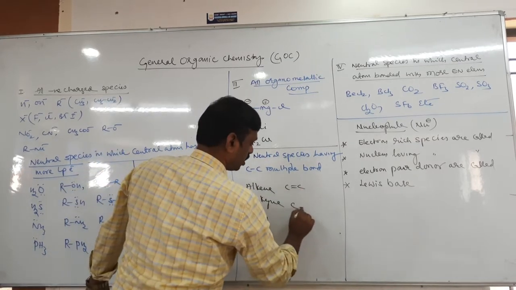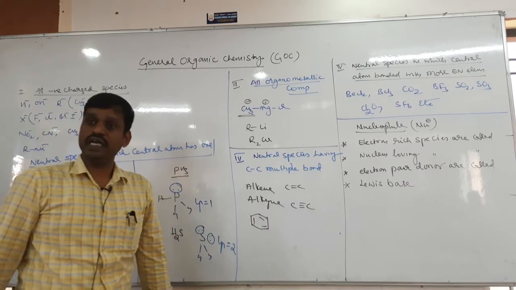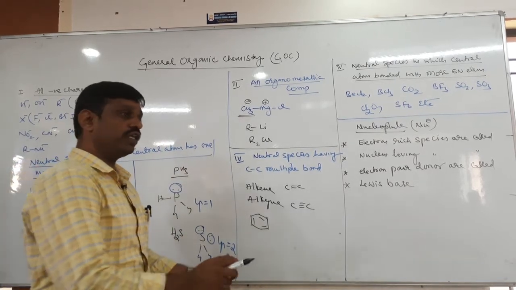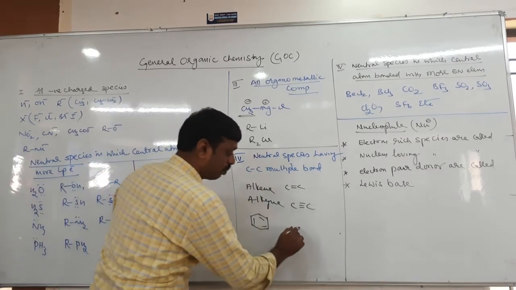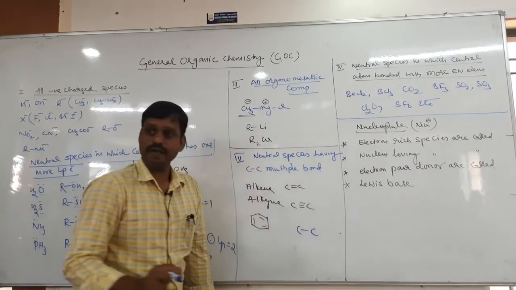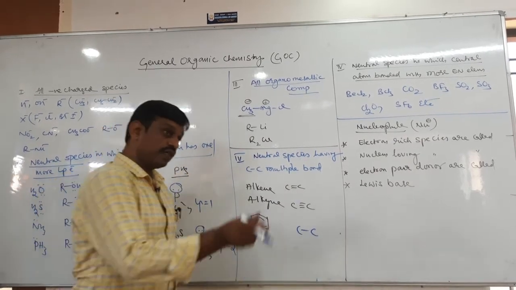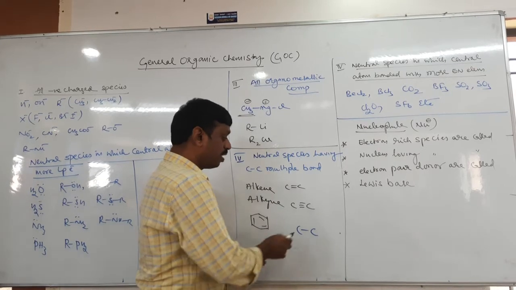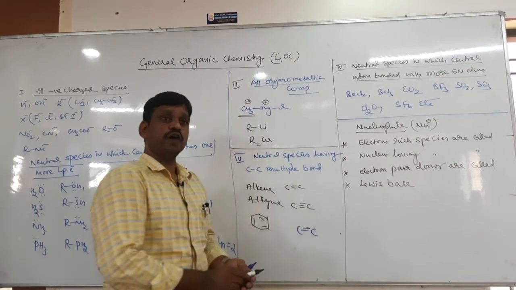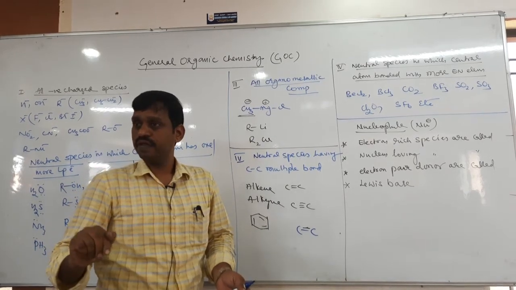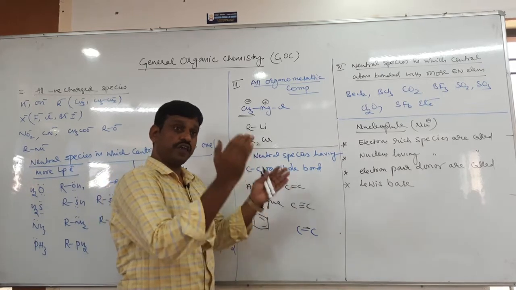Now the question is, why can alkene, alkyne, benzene and derivatives act as a nucleophile? What is the reason? How are they electron rich? We know that a carbon-carbon single bond is a strong covalent bond. Other than the single bond, if there is one pi bond or two pi bonds, this pi bond is always formed by sideways overlapping. Due to sideways overlapping, it is a weak bond.